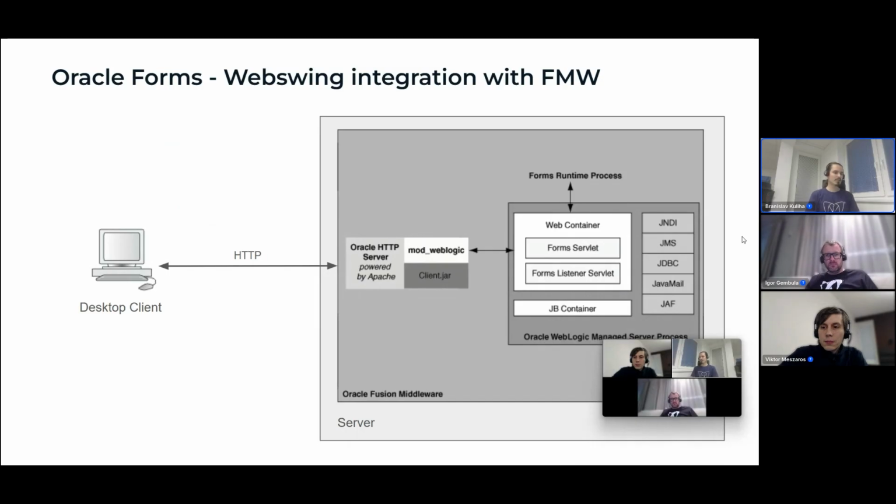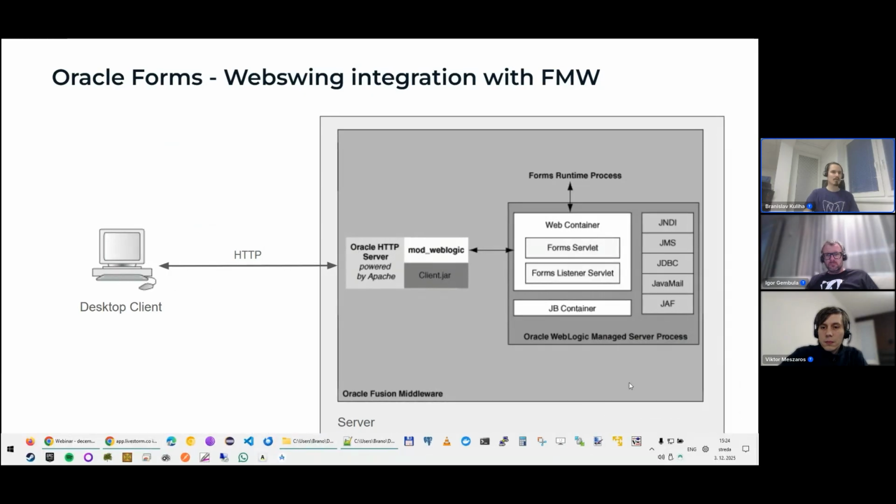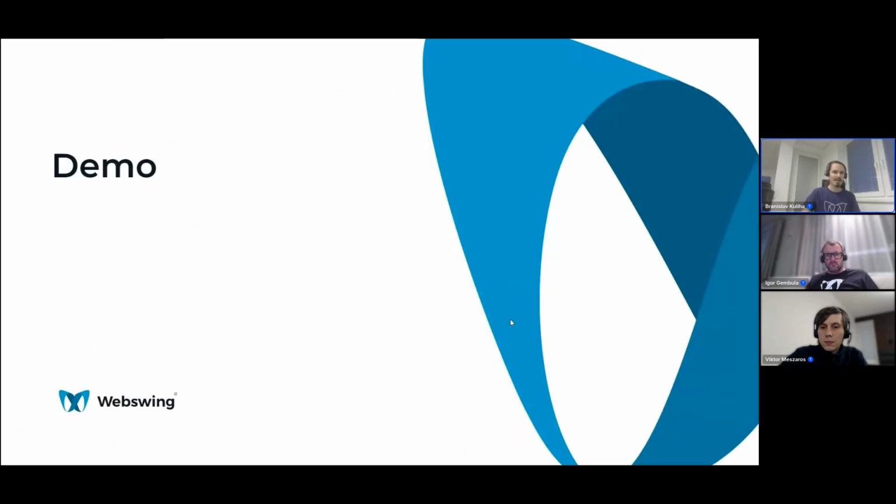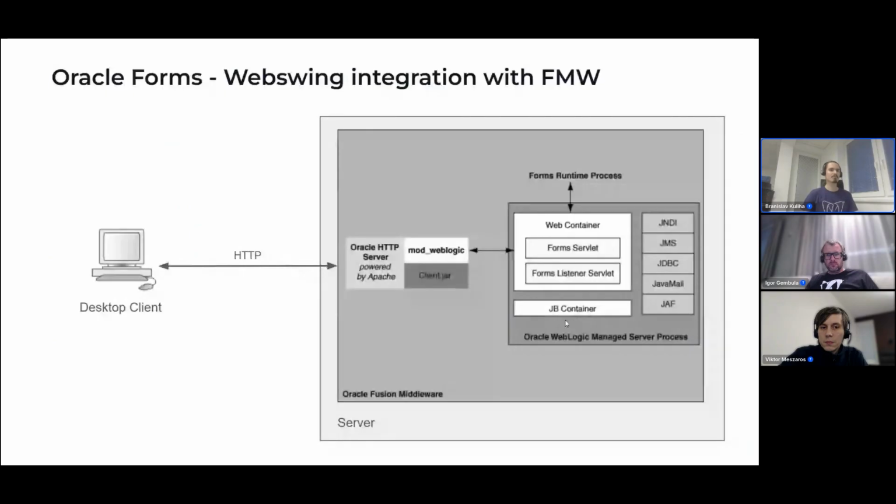On the server side, we have Oracle Fusion Middleware with WebLogic server, which handles requests from the client application using the forms servlet. And in front of the WebLogic server, there is also Oracle HTTP Server from Apache.